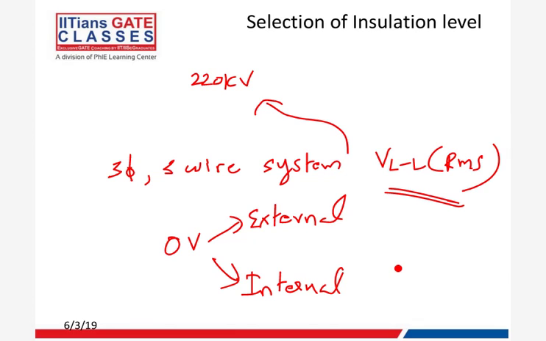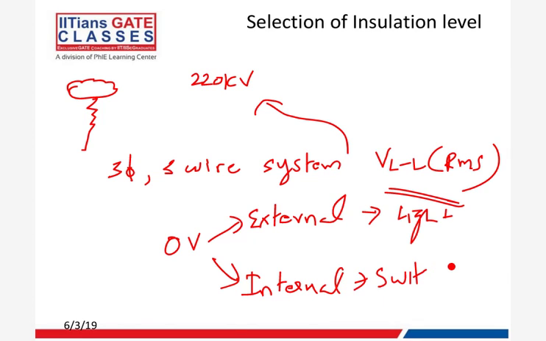Do you know what the source of external over voltage is, especially in a power system? That's a cloud. That's lightning. Right, correct. Thank you, Darby. That is lightning. And internal over voltage is basically due to switching.